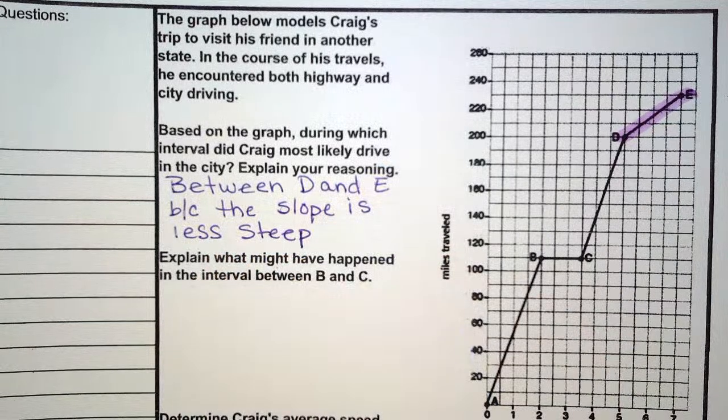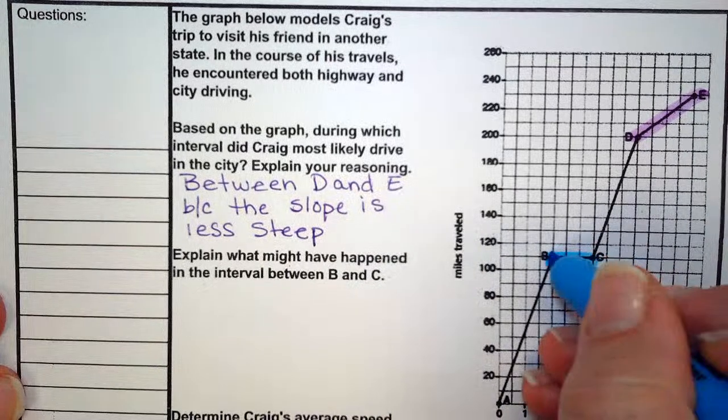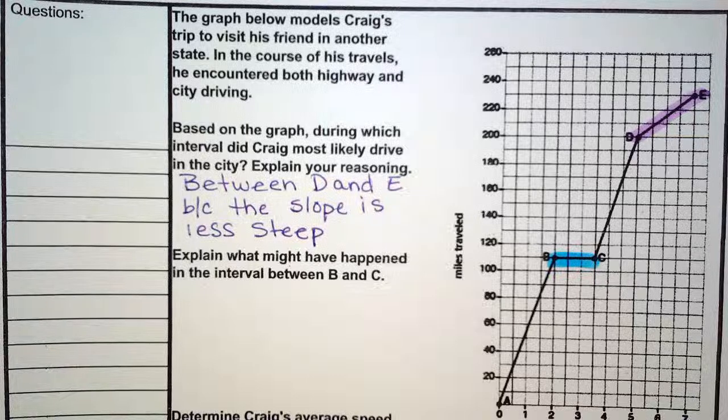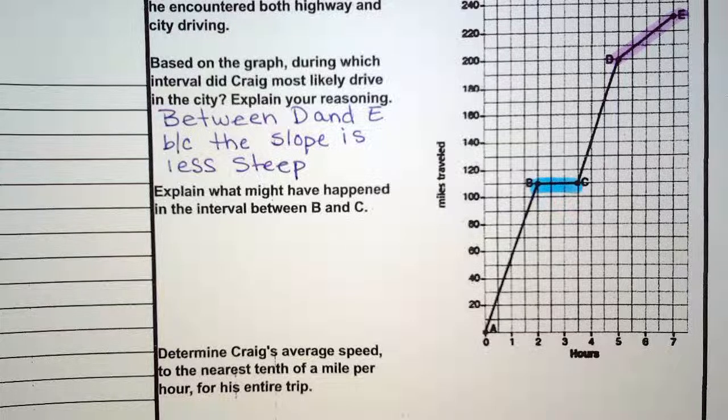Okay. Explain what might have happened in the interval between B and C. Between B and C, what has happened? It's flat. That's a zero slope. So the time is going on, but the distance has stopped.